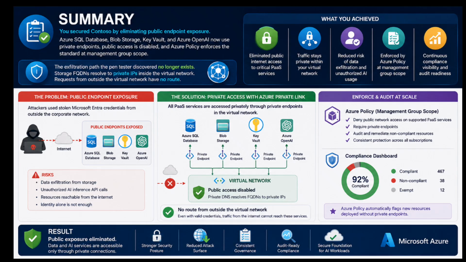So that's the whole idea. Traffic now stays inside the virtual network instead of traveling over the public internet. Public access was disabled and storage fully qualified domain names now resolved to private IP addresses. As a result, attackers outside the network can no longer reach those services, even with stolen credentials.